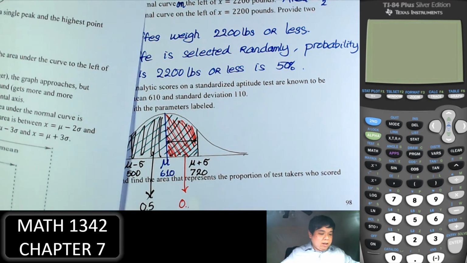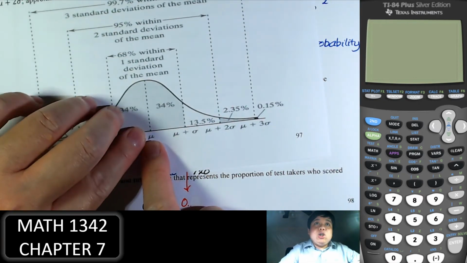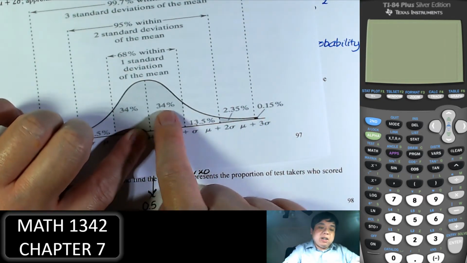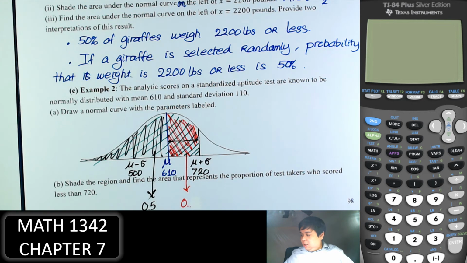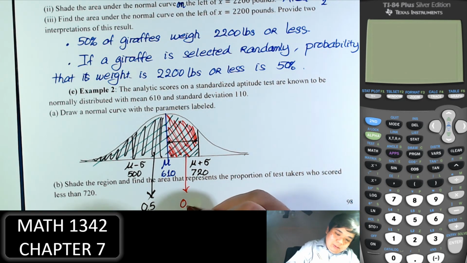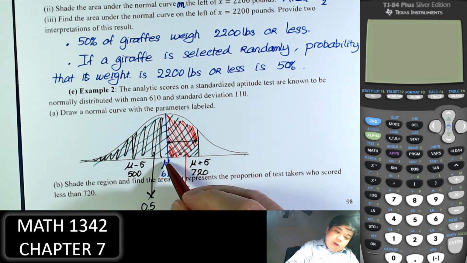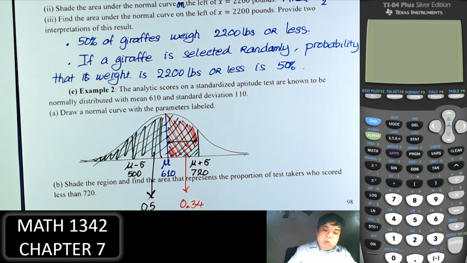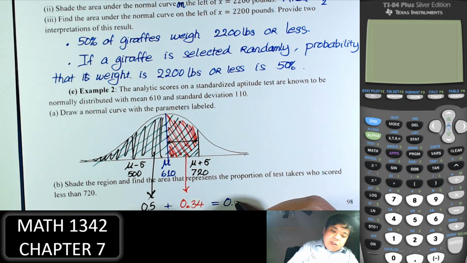Right, look at this. From the mean to one standard deviation away from it, that's 34%. When we add, we have 0.84.